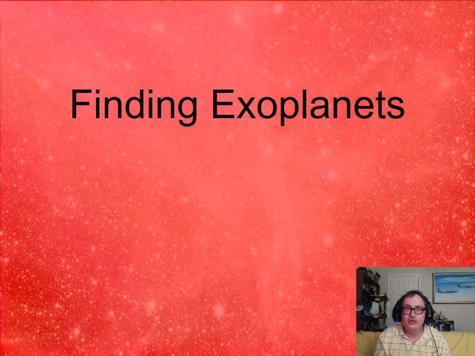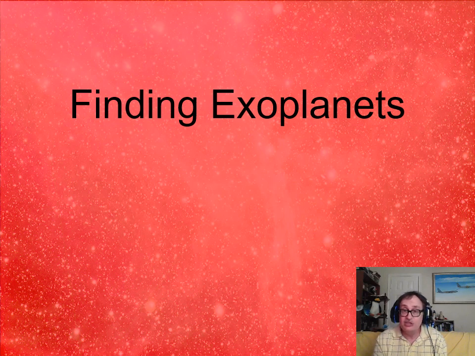Kepler's laws would then let you work backwards to figure out a couple other things. You'd find the total mass of the system. So then you have the mass of the star plus the mass of the planet. By knowing the type of star it is, you know about the mass of the star, so that would tell you roughly the mass of the planet. If you get the mass of the planet, you can sort of guess what kind of planet it is.